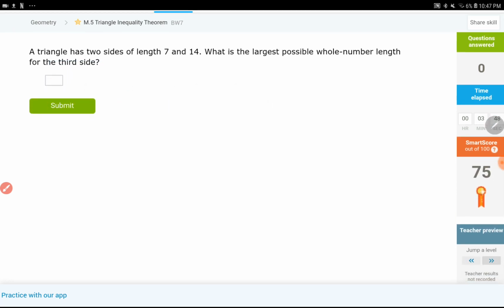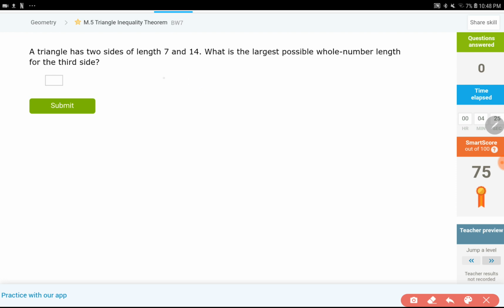Let's do one more. A triangle has two sides of length 7 and 14. What is the largest possible whole number length for the third side? Let's restart this question.